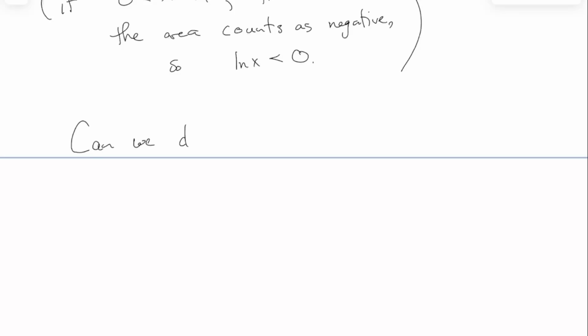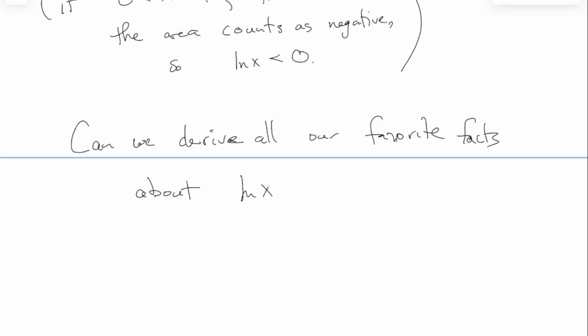Can we derive all our favorite facts about the log using this definition? I will write it again: ln x equals the integral from 1 to x of 1 over t dt, right? This is our goal for the rest of today.